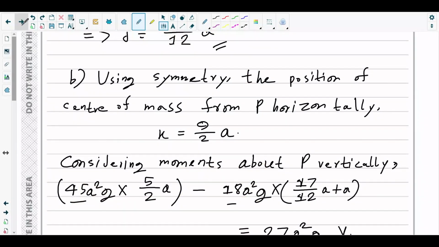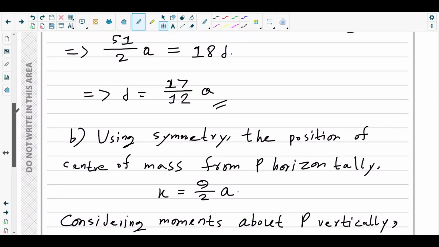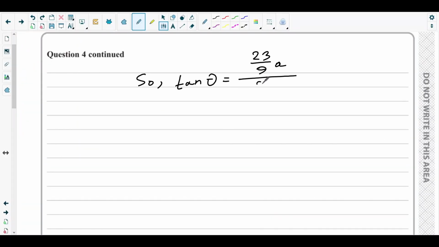So 23/9 over the horizontal distance, which is 9 over twice A, 9 over 2A. From there, tan theta, A cancels out, so 23/9 over 9/2. So the angle theta would be tan inverse of that. The angle should be in degrees definitely.